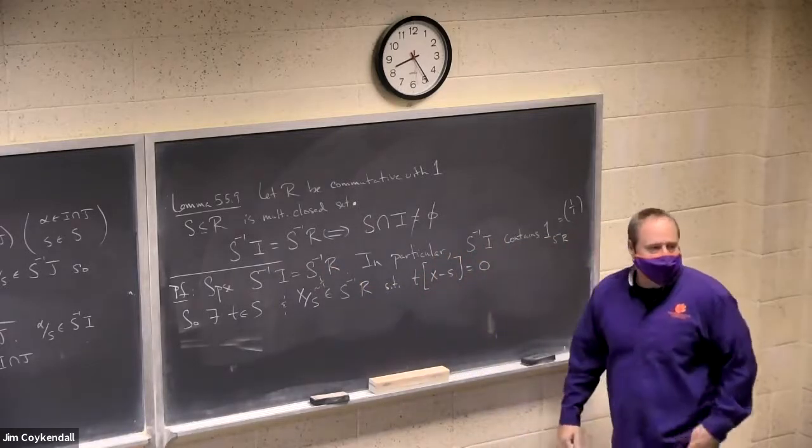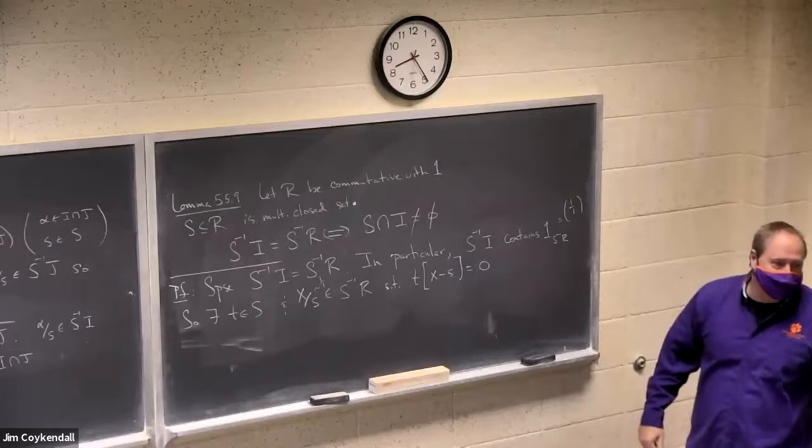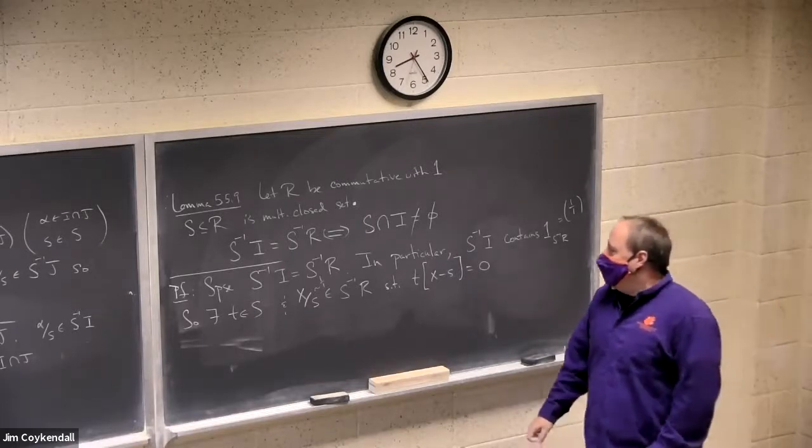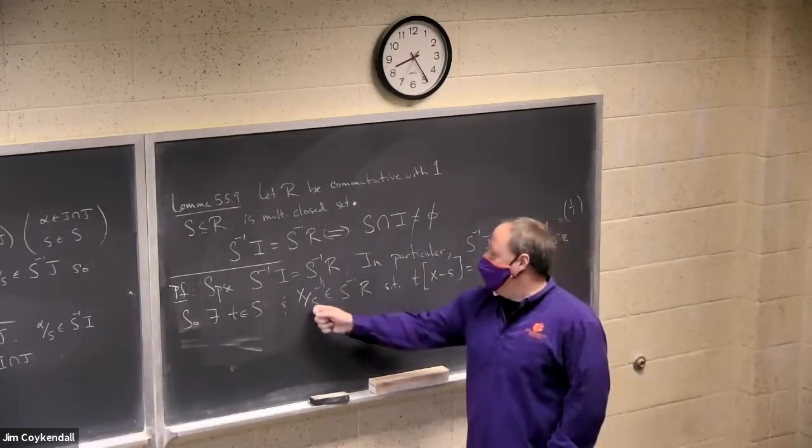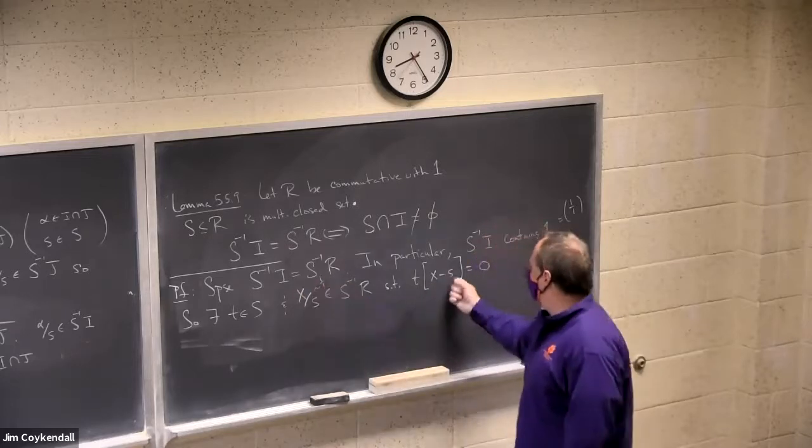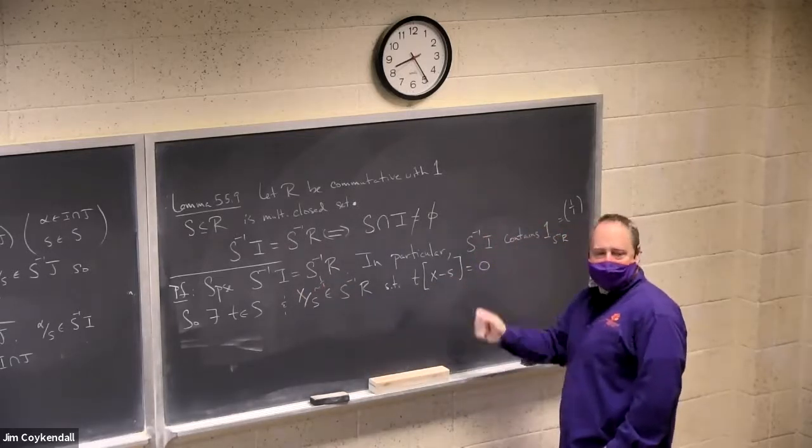Which, it's easy to see that 1 over 1 functions as the identity here. So that means that x over s is equal to 1. So my cross multiple is x minus s, and so this is equal to 0.